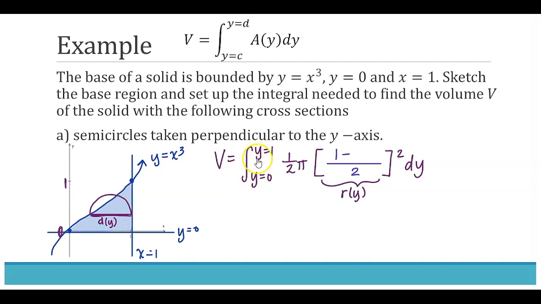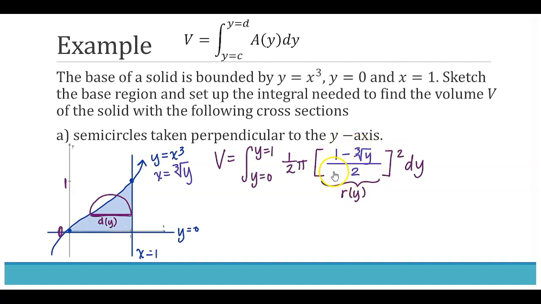And that's why I try to keep the habit of starting with variables in my limits of integration. I have to rewrite this function in terms of y. So if I take the cube root of both sides, I'll have x equals the cube root of y. So my diameter, right minus left, is 1 minus the cube root of y.